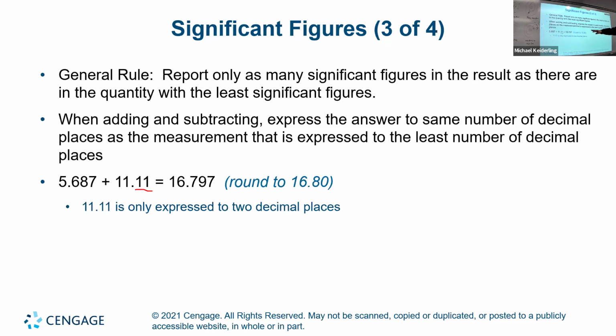So here with 5.687 plus 11.11, you get 16.797. This has 2 decimal places, so you would round it to 16.80. But you'll notice that if you did it to the correct number of significant figures, which would be 4, because both of these have 4 significant figures, you'd get the same answer.